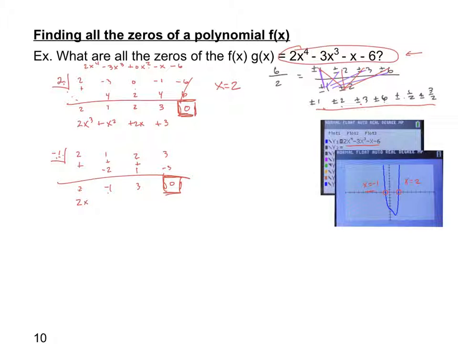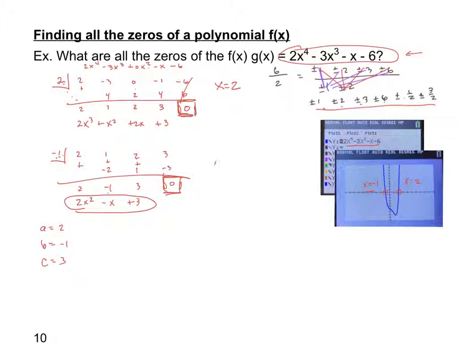Rewrite this. I have 2x squared minus x plus 3. What can we do now? I believe we are going to need to use the quadratic formula to factor this one. So we know that a is equal to 2, b is equal to -1, and c is equal to 3.